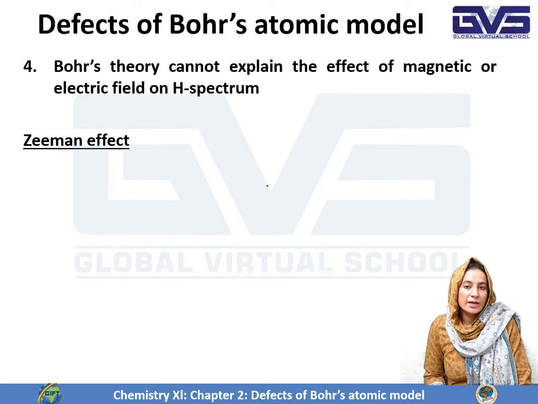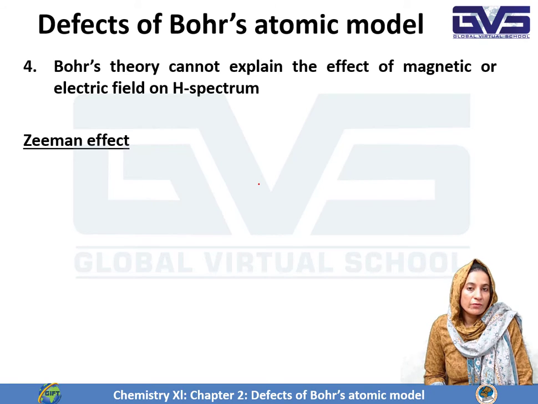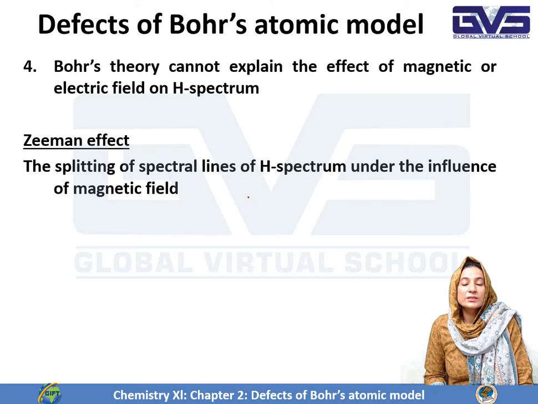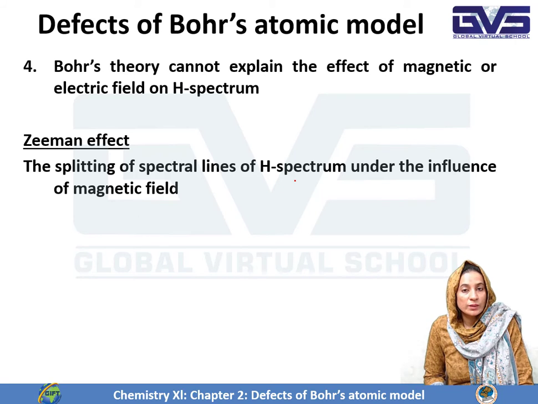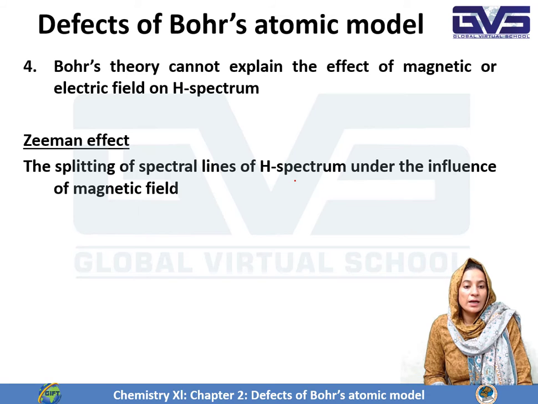If you apply the magnetic field, this was found by the scientist Zeeman, and that's why it is called the Zeeman effect: the splitting of spectral lines of the hydrogen spectrum under the influence of magnetic field. The lines divide into further fine lines. This effect is called the Zeeman effect, and it was not explained by Bohr's atomic model.